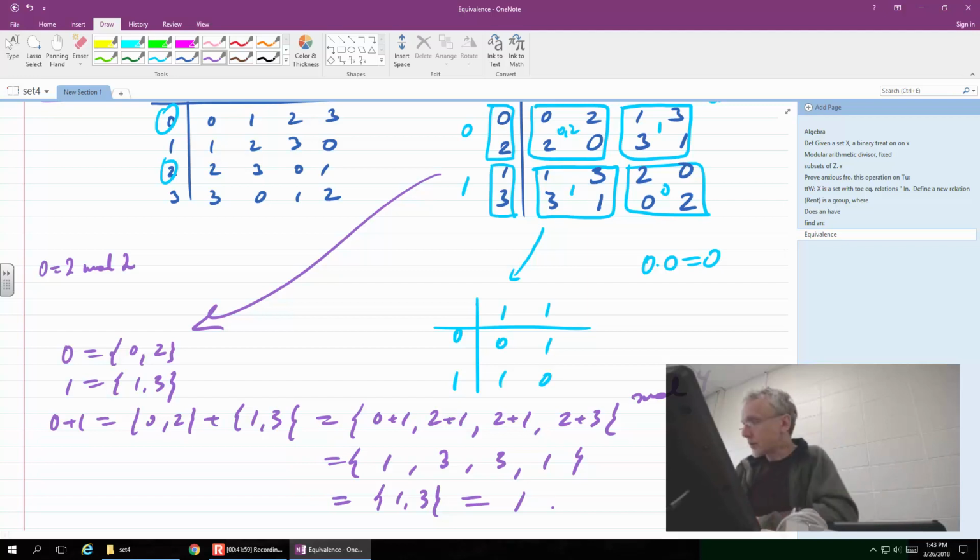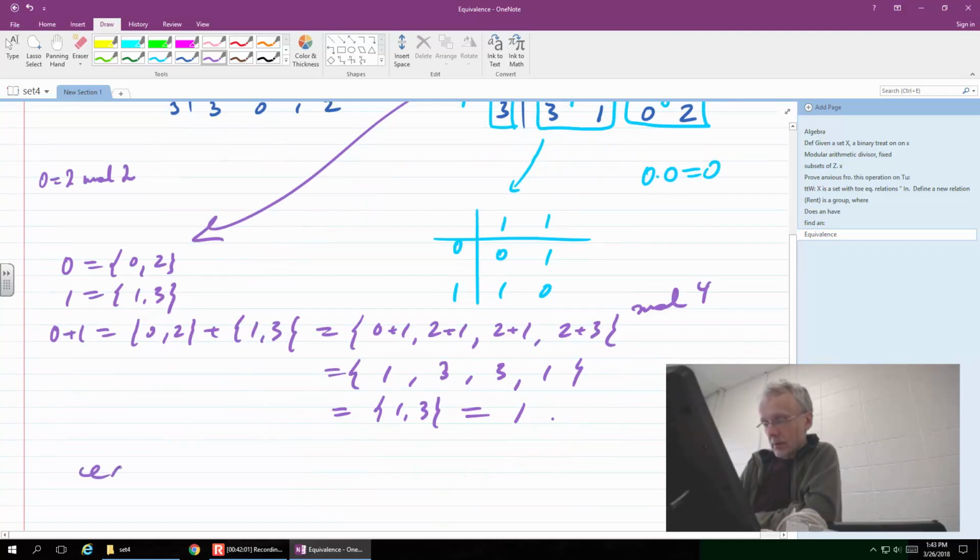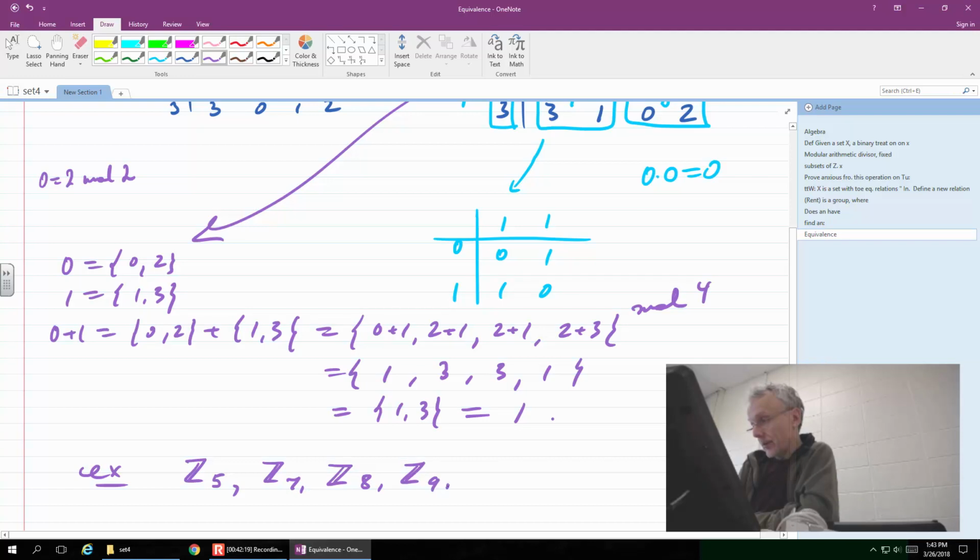Okay, so as an exercise, try the same, say, start with Z5, and then in the order that we have skipped: Z7, Z8, Z9. Oh, these are still weird numbers, and Z10. So any predictions about Z5?